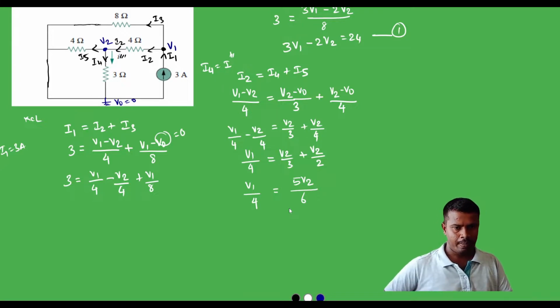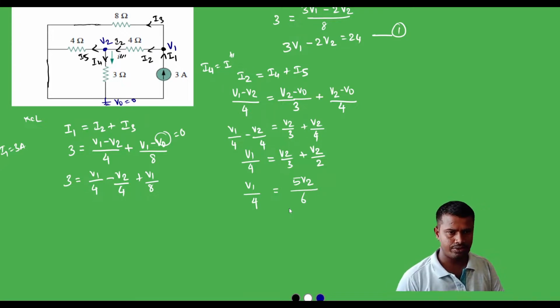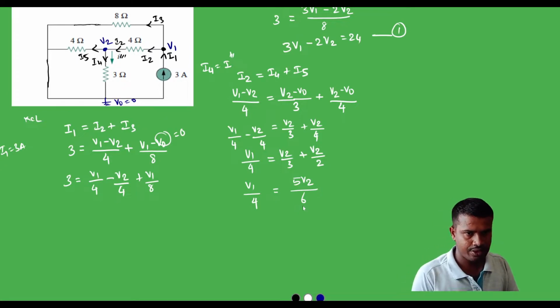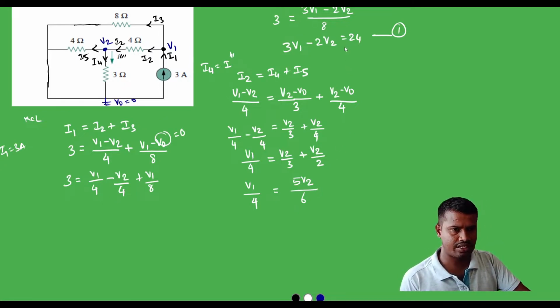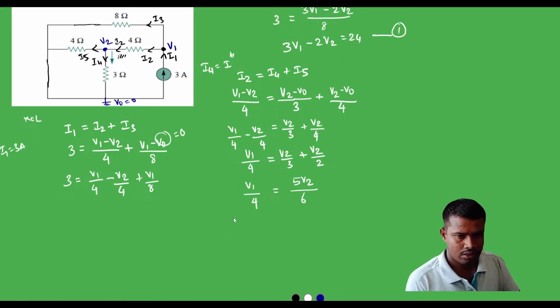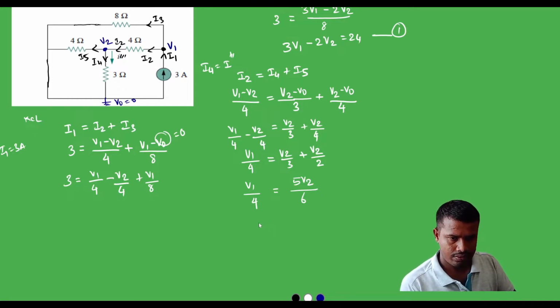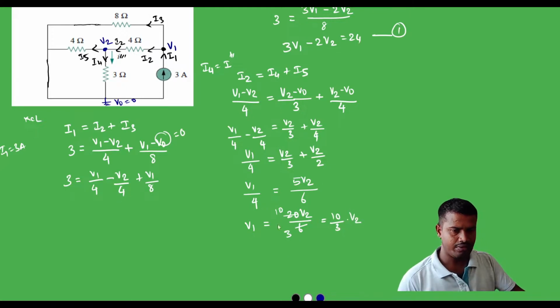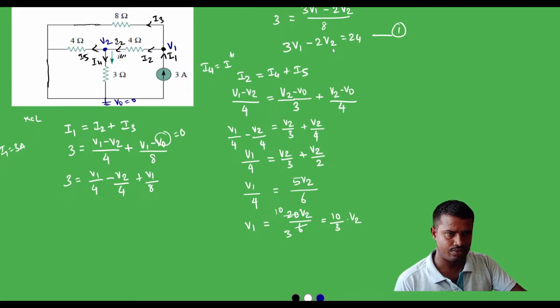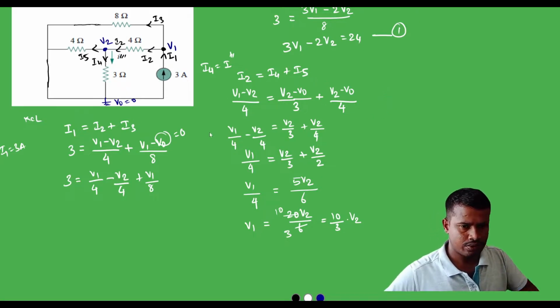Fine. Now we need to find the value of V2, and we can apply this to equation number 1 to find the value of V1. For this, V1 is equal to 20V2 by 6, which is equal to 10 divided by 3 into V2.